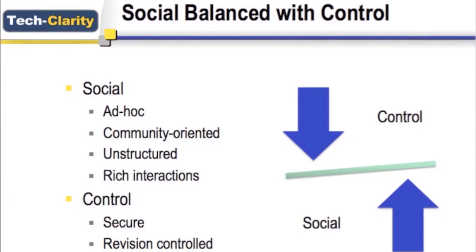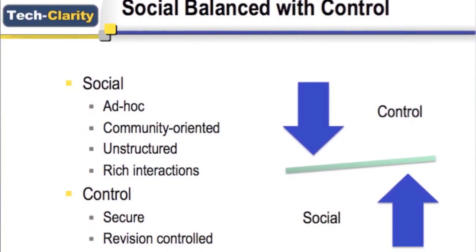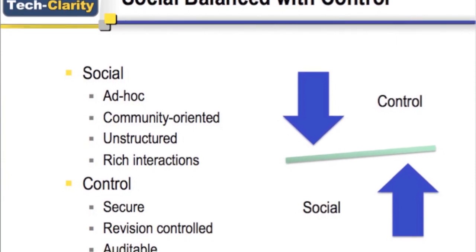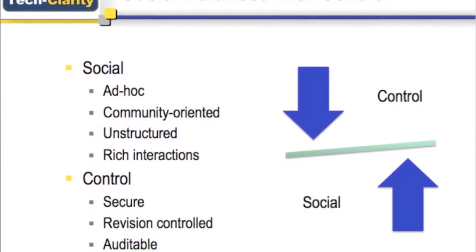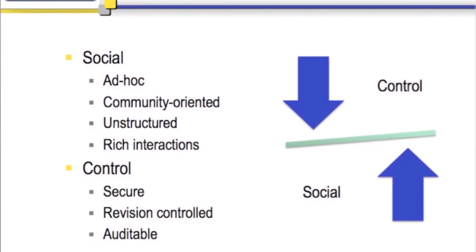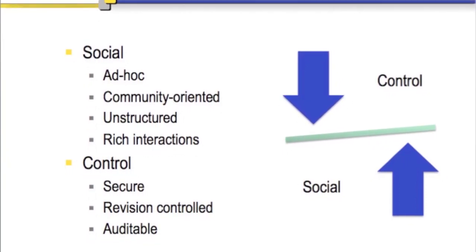So what we really need within social business collaboration is both the social side of things, where we really have the ad hoc, community-oriented sharing of information in a rich way, but not oversharing. We need to have the business side.